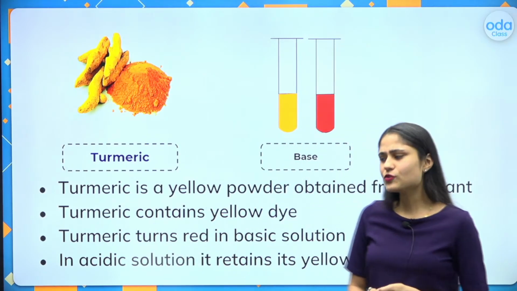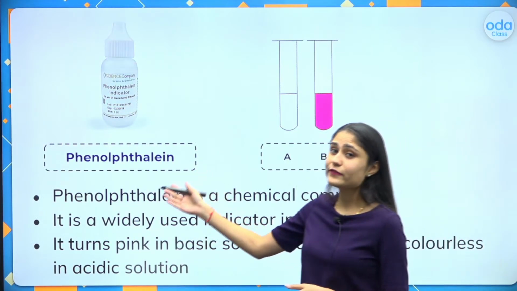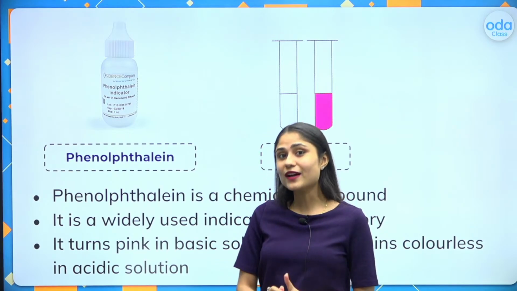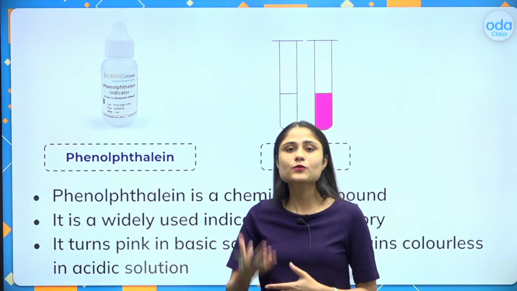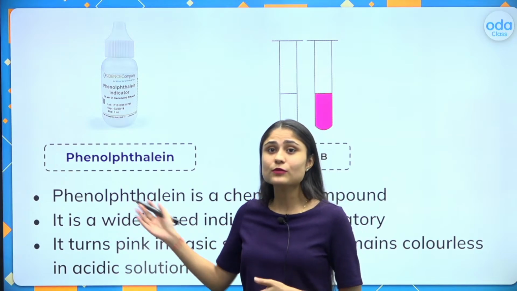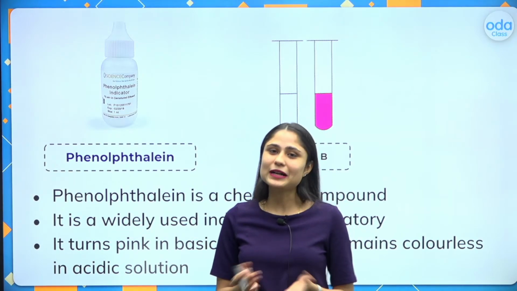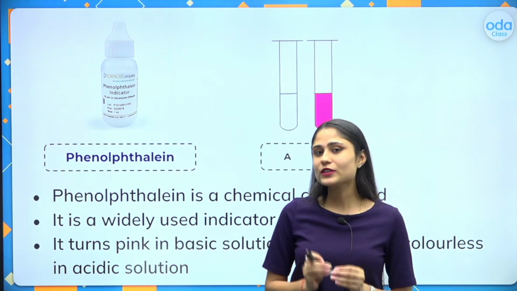Now I will be telling you about phenolphthalein. Many students make a huge blunder in the spelling of phenolphthalein, or they pronounce it incorrectly. So I'll repeat the pronunciation and you can note down the spelling as well, because if in examinations you write it incorrectly, your marks will be deducted. So make sure you learn the spelling correctly and note it down as well.